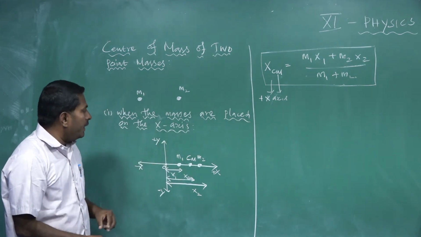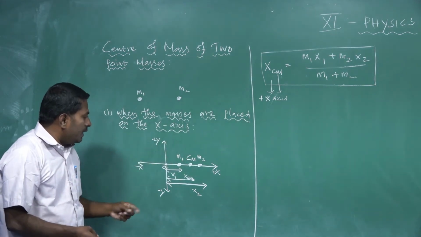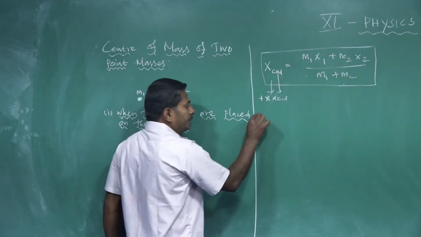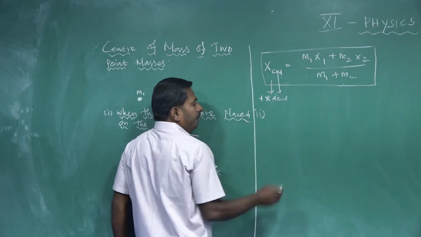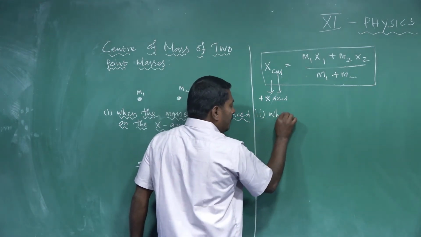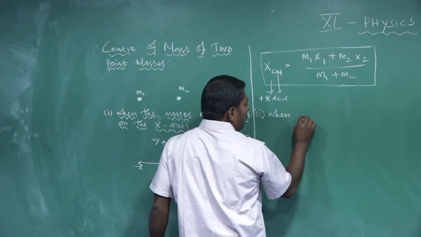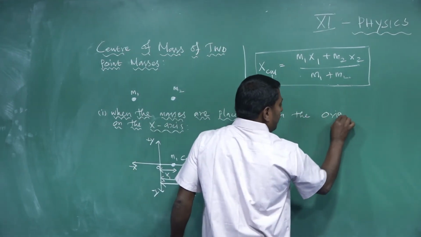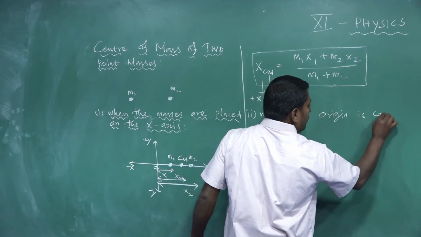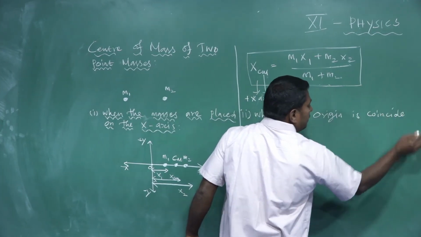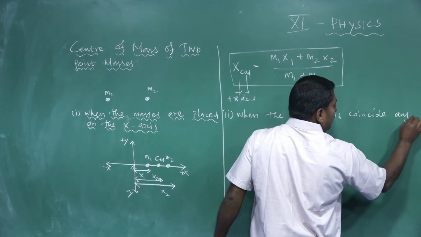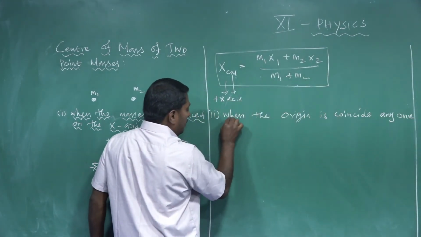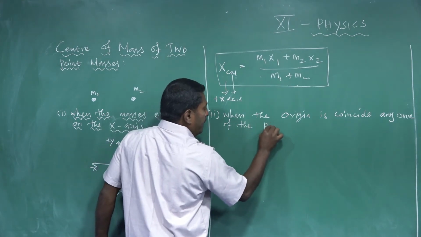Second way to find out the center of mass point of the 2-point masses of the system: when the origin coincides with any one of the point masses.